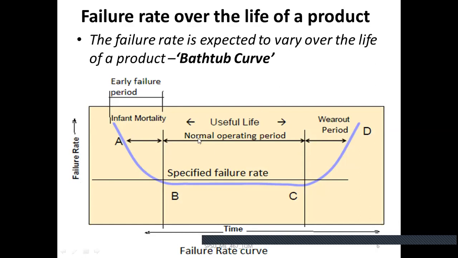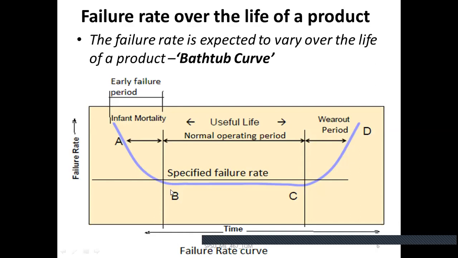It is divided into three zones. The first zone is the early failure period, second is the normal operating period, and the third zone is the wear out period. The curve from A to B is also called infant mortality. This is characterized by a high failure rate. It begins at the first point during the manufacturing period.